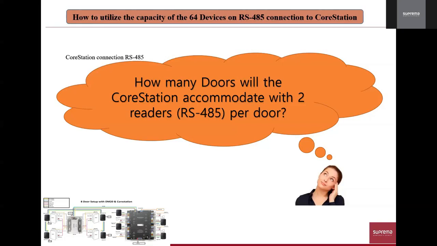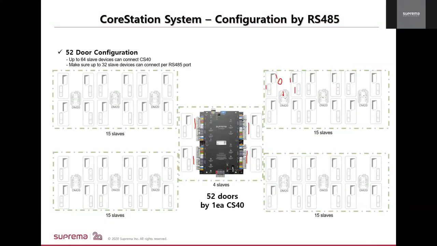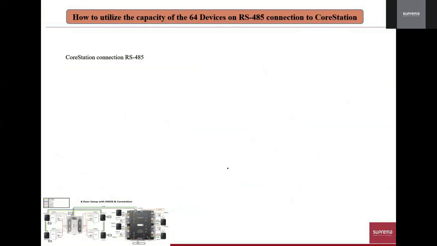Remember, the maximum that a CoreStation could support is 64 slaves, right? And if I could only support 52 doors, and I'm maxing out at 64 slaves, and I'm adding another reader per door, it'll be a lot less than 104 or 62 or 96 devices. All right, so those are good guesses.